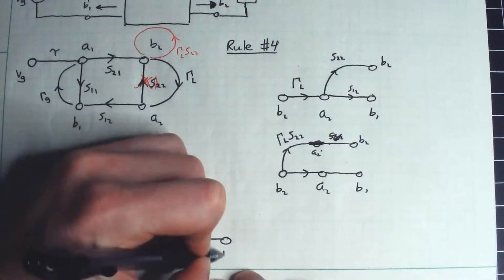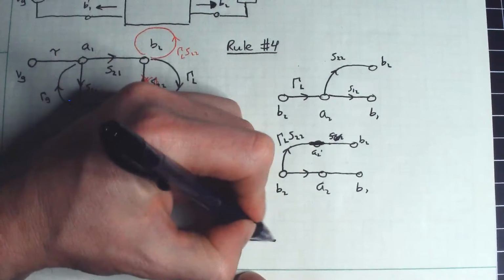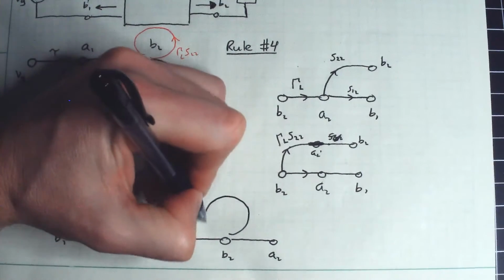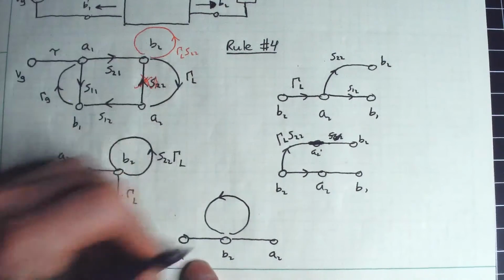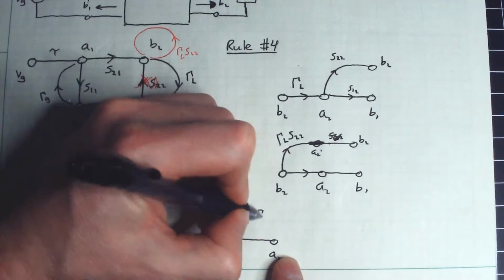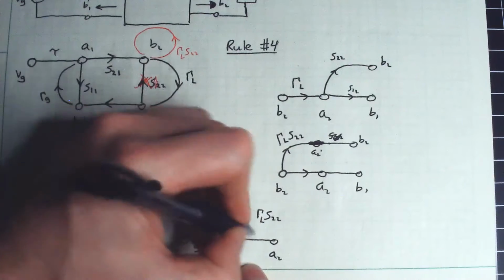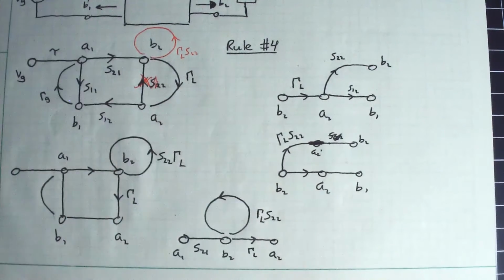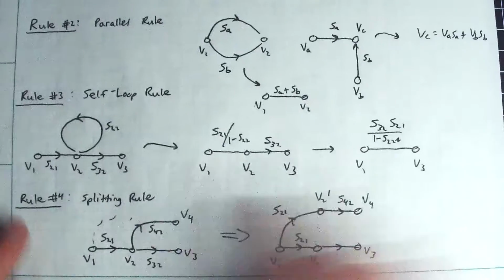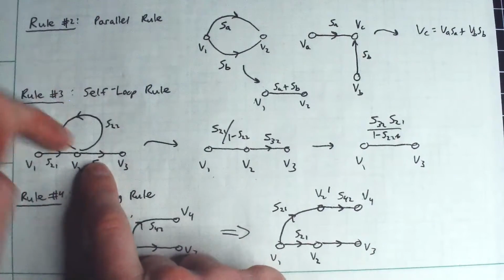So here's A1, B2. This feeds back then into A2 here. And I have this big loop here. So this guy here was S21, and this is now gamma sub L S22, and this was my gamma sub L.